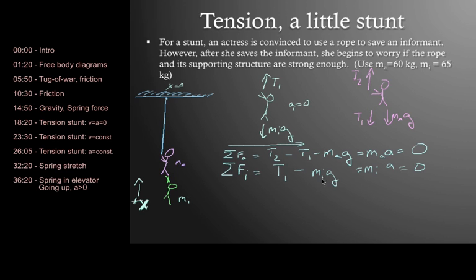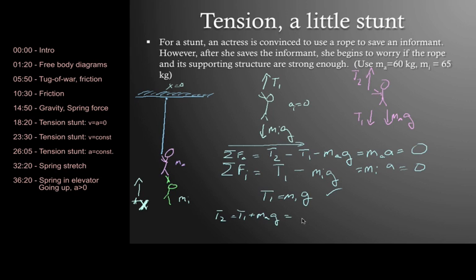So what we have is, this equation is pretty simple to solve. So here T1 minus MIG equals 0. So that's really just T1 equals MIG, right? Great. So now let's look for T2. I can rearrange: T2 is going to be equal to T1 plus MAG.